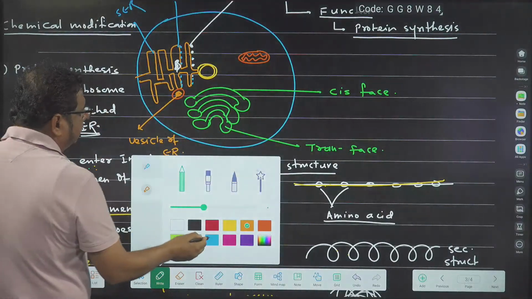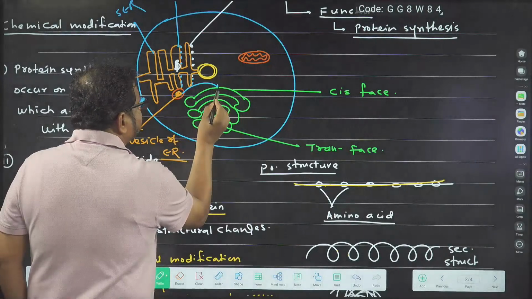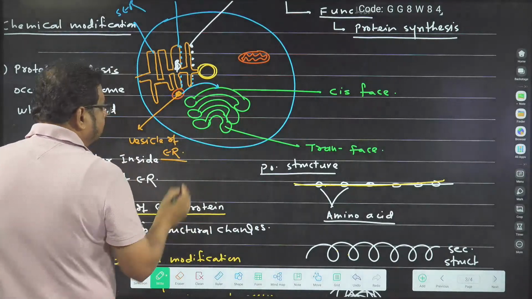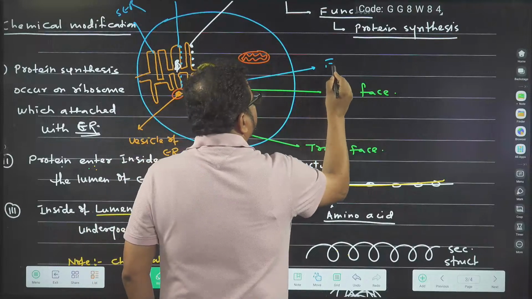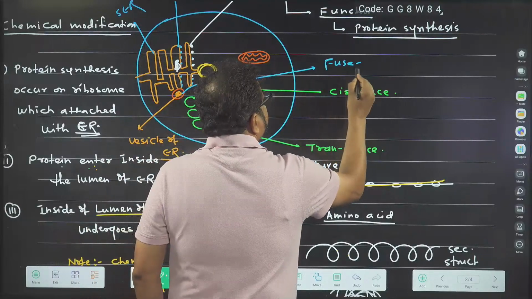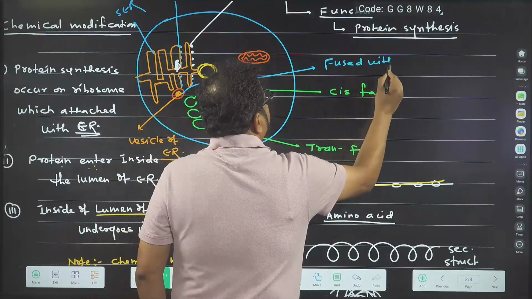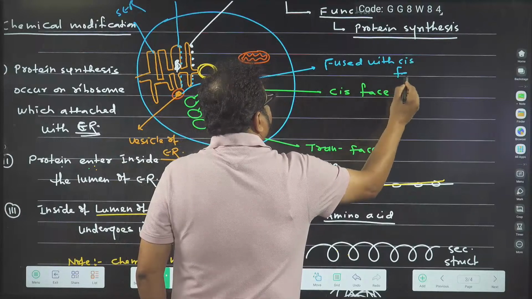Now this vesicle is going to fuse with the cis face. Here it is fusing with which one? The cis face.